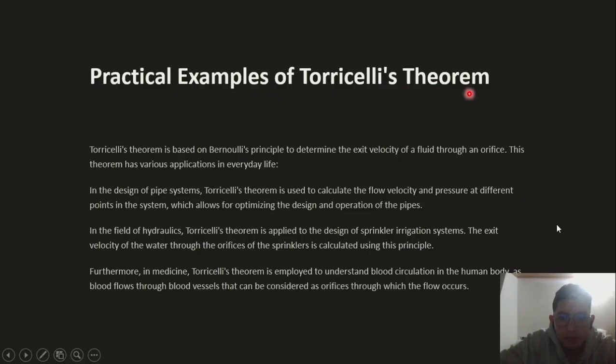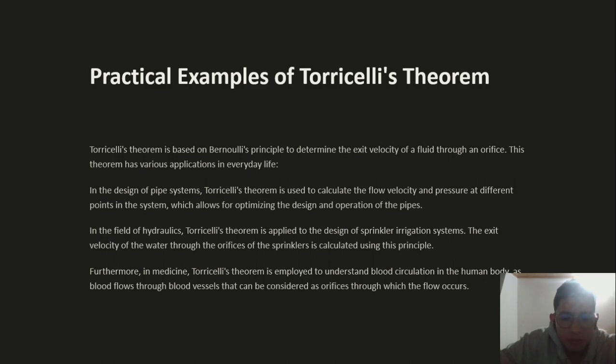Practical example of Torricelli's theorem. Torricelli's theorem is based on Bernoulli's principle to determine the exit velocity of a fluid through an orifice. This theorem has various applications in everyday life.